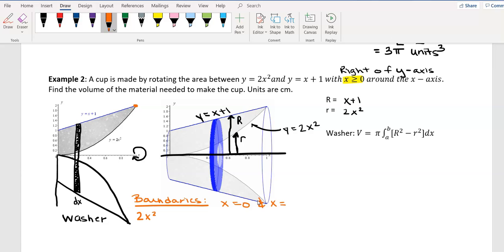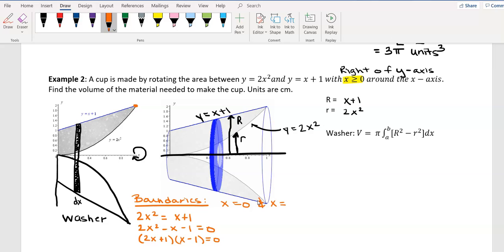So 2x squared is equal to x plus 1. And what you would want to do is bring everything to one side. So 2x squared minus x minus 1. And then this one you would want to factor. This one is factorable. So you would get 2x plus 1, I believe, and x minus 1.